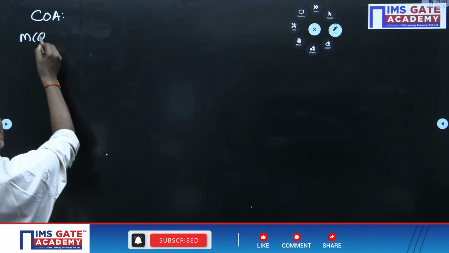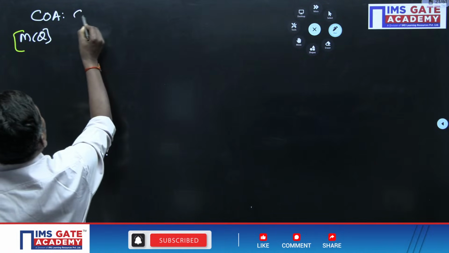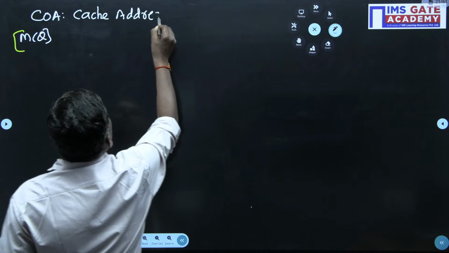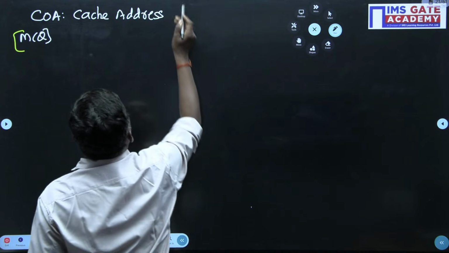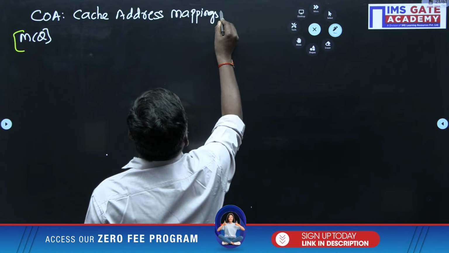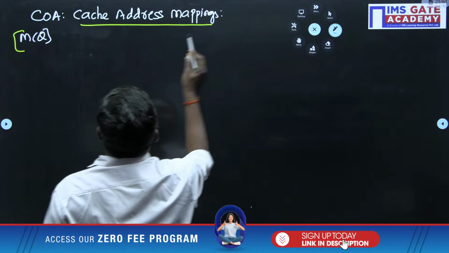One question from COA, an MCQ question, on cache address mapping methods. What is given?